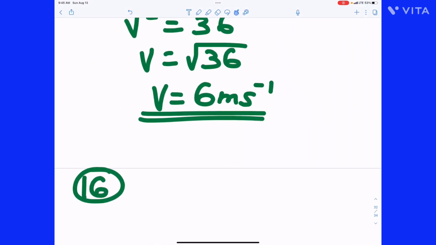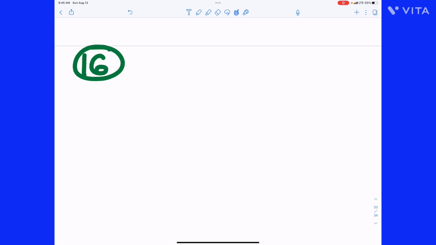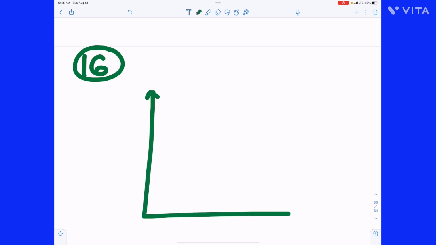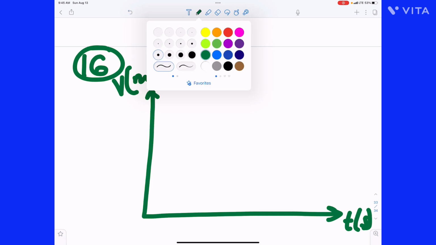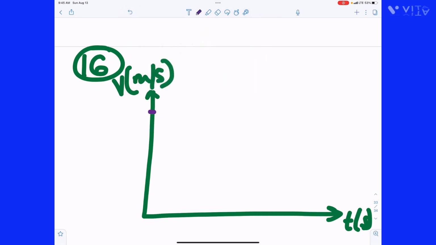I'd like to draw a velocity time graph for this one, just to keep us learning how to draw velocity time graphs. Time in seconds, velocity in meters per second. The boy was traveling at 3 meters per second.